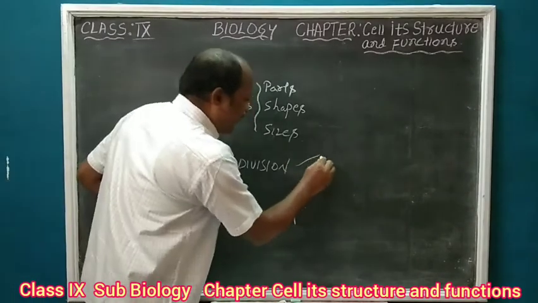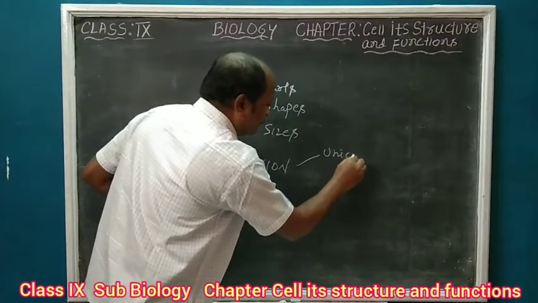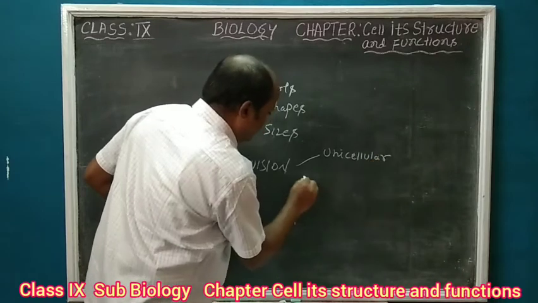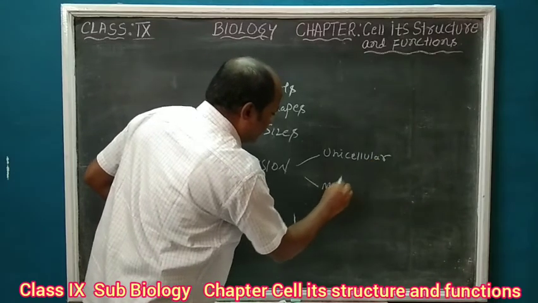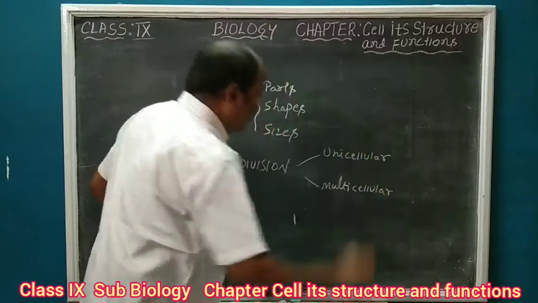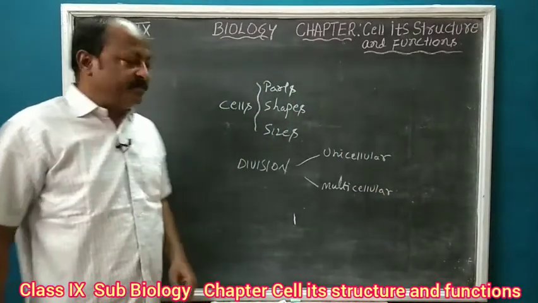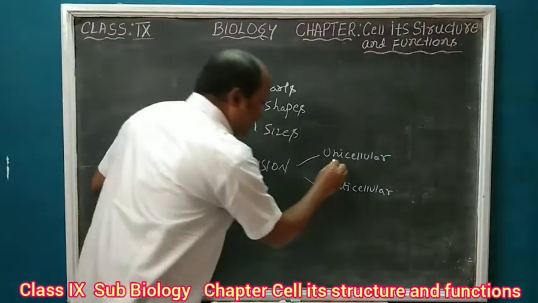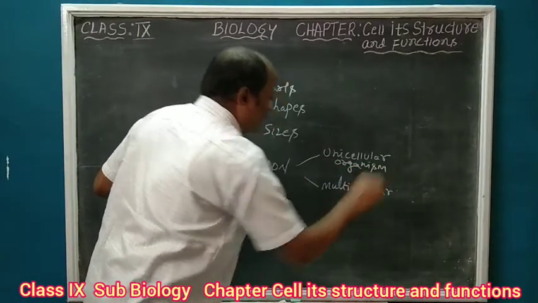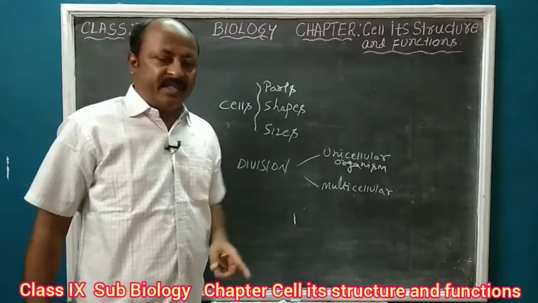The first one is unicellular and the second one is multicellular. So what is a unicellular organism? A unicellular organism has only one cell.